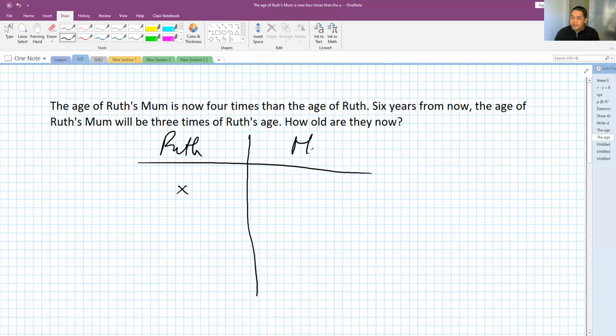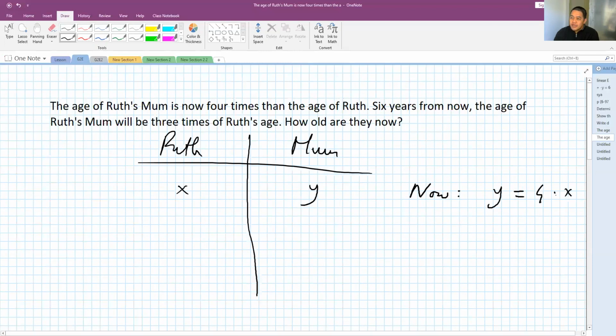And then her mom, you can write also with a different letter now, for example, Y. So now the condition is that her mom's age, this number Y, is 4 times the age of Ruth, X. So this is what I told you before.